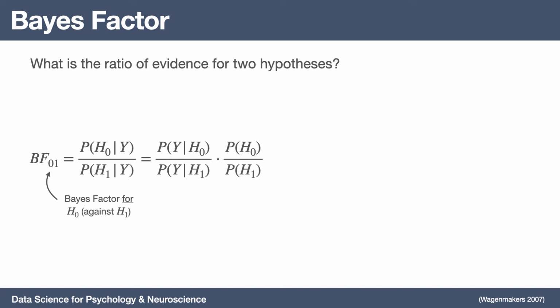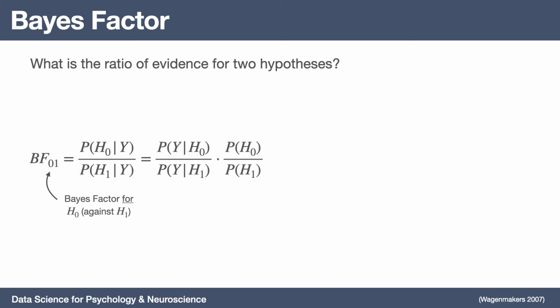A Bayes factor 0,1, or BF01, which is evidence for the null against the alternative, is just the ratio of the posterior probabilities for the null distribution over the posterior probability of your alternative distribution.